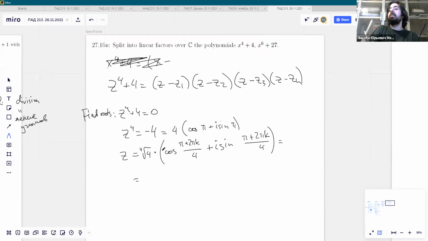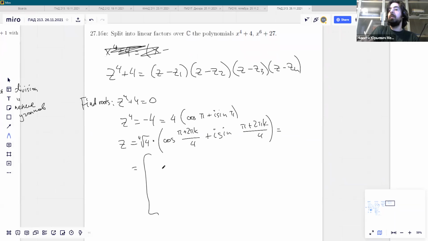I want to write particular numbers, so let me write all the possible variants. So this becomes square root of 2, right? This is again the usual root, so we can apply everything we know from school. This is square root of 2. And this is cosine of pi over 4 for k equals 0. What is cosine of pi over 4? That's 1 over square root of 2 plus i 1 over square root of 2, right?